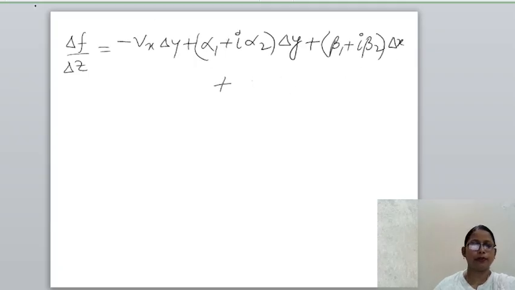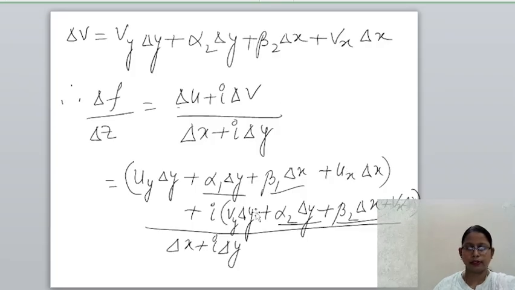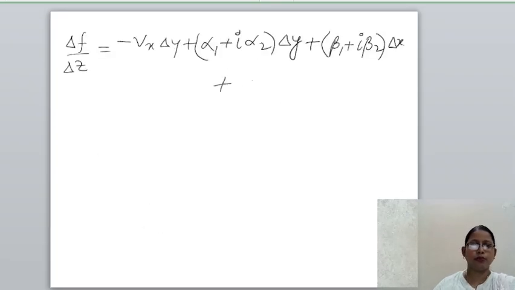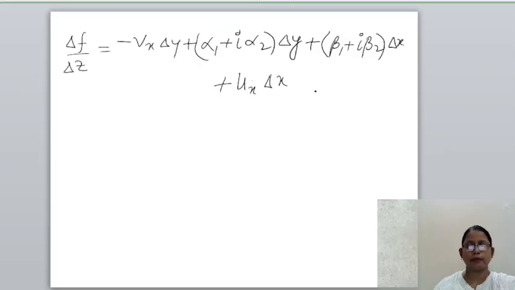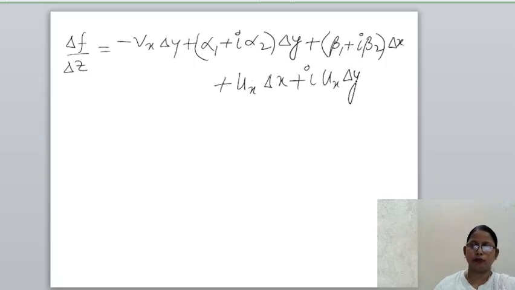Then I will be left with ux delta x. Write the remaining terms. This is i vy delta y, plus i times the partial differentiation of v with respect to y, that will be ux by using the CR equation, that is ux delta y.